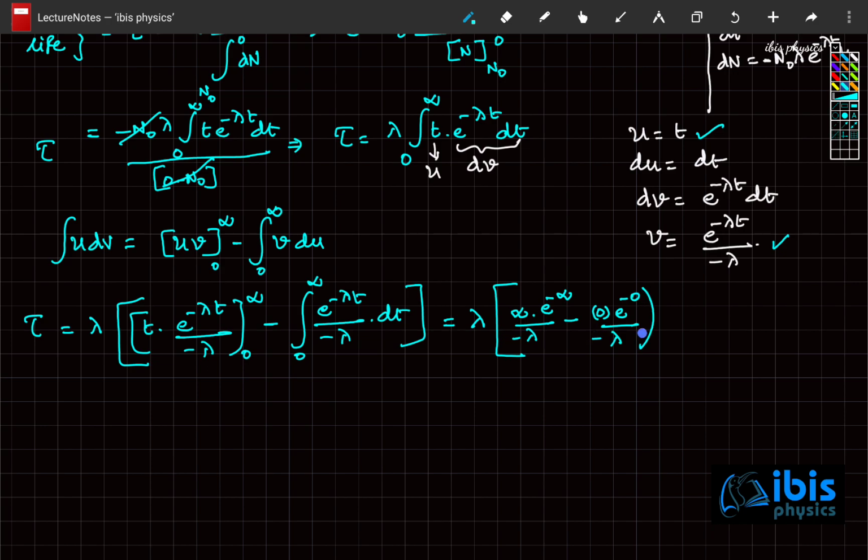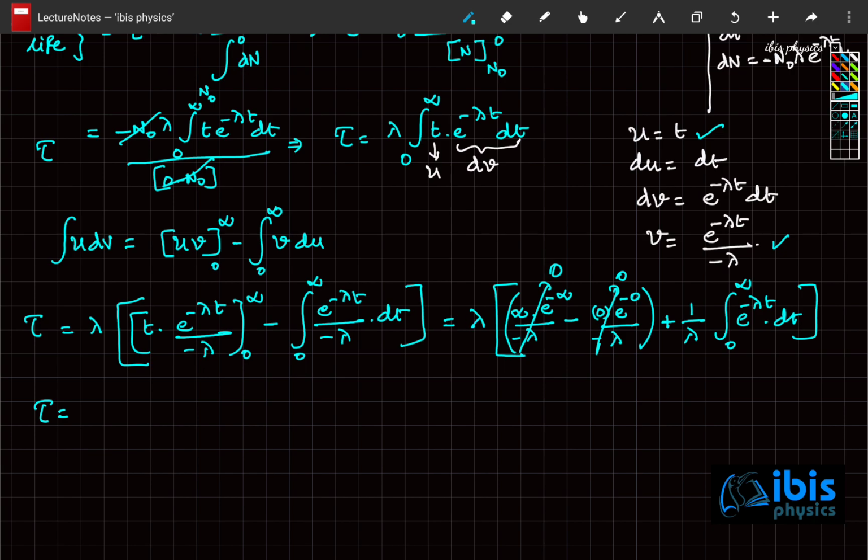Take this minus lambda, and after that minus into minus becomes plus. I am taking 1 by lambda out, integral e power minus lambda t dt, 0 to infinity. So what happens here is e power minus infinity comes to the denominator, e power plus infinity, e power infinity is infinity, 1 by infinity is 0, 0 into anything becomes 0. In that way this whole term becomes 0. Here 0 into anything becomes 0, this term will also become 0.